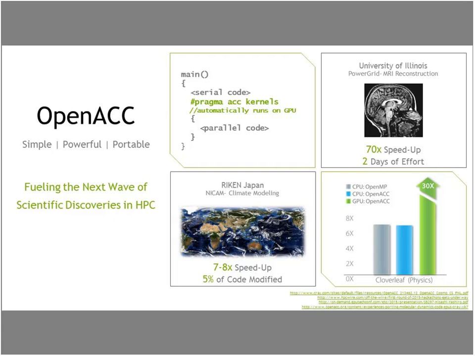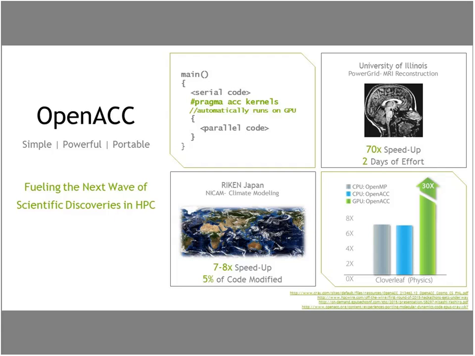It just ran one image after another on the CPU, and after a few days of effort, we were able to see a huge speedup in their code. Of course, here they're comparing a single CPU core against a full GPU, so the actual speedup, if you compare against the CPU socket, would be less. But for them, that was their experience. They took a serial code and got it running on the GPU very fast in about 2 days' worth of effort.